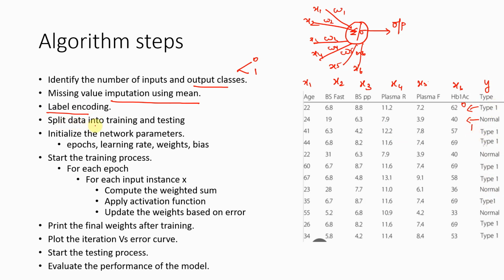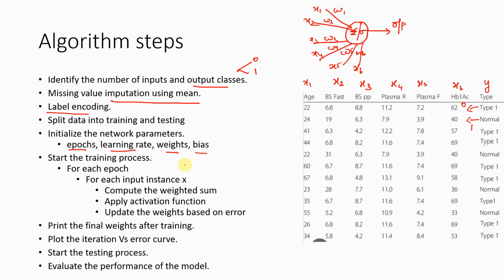Next we need to divide the data into a training set and a testing set. We need to initialize the network parameters in order to start the training process: how many iterations we need, what learning rate to use, and the weight and the bias.